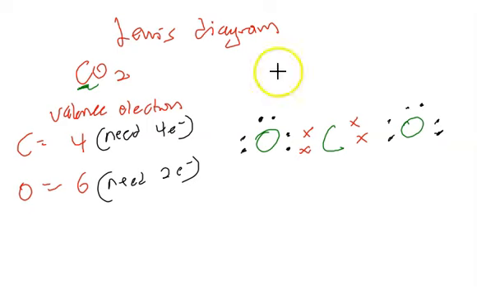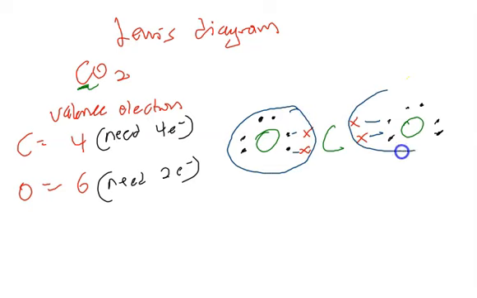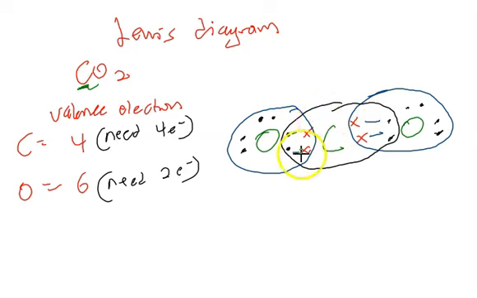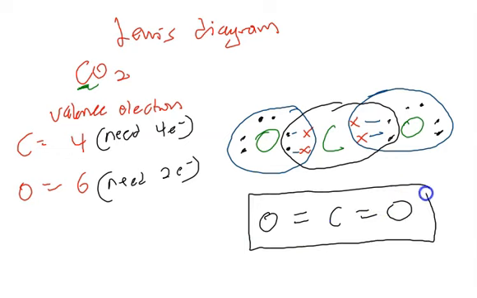At this part here you have the double bond. So each of them has already secured 8 electrons in bonding. Here we have double bonds. So this is the Lewis structure diagram for carbon dioxide.